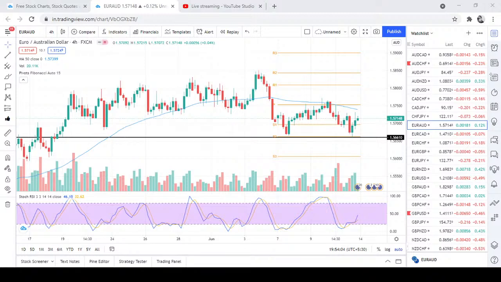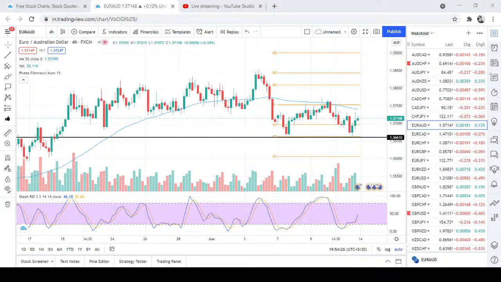So looking at the present chart, if the market goes up from here tomorrow, and if the market reverses from this particular point, where the 50 moving average acted as a resistance, then you can think of shorting the market.